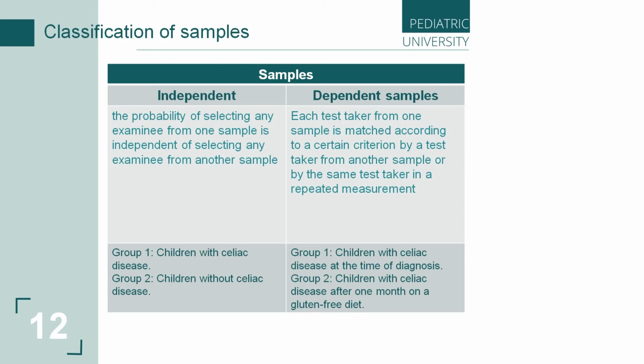For example, the first group is children with celiac disease at the time of diagnosis, and the second group is those same children after 1 month of following a gluten-free diet. These samples are called dependent samples.